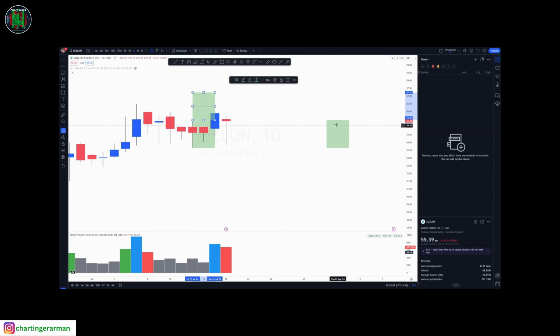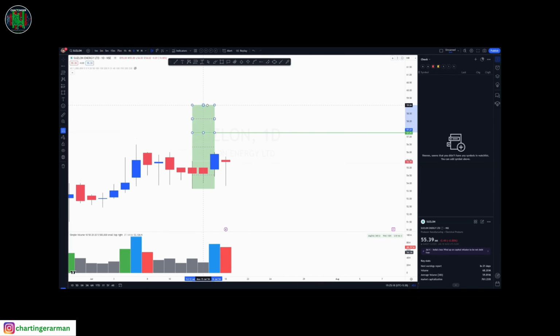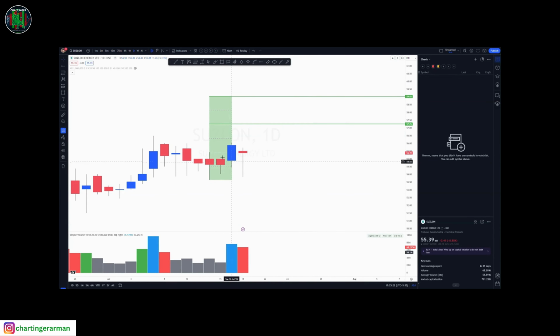This would be target 1, and we again place the same box above the line that we have drawn. This would be target 2. So the entry is over here at 55.43, and as per the trading system, 57 is our target 1 and 59 is our target 2.